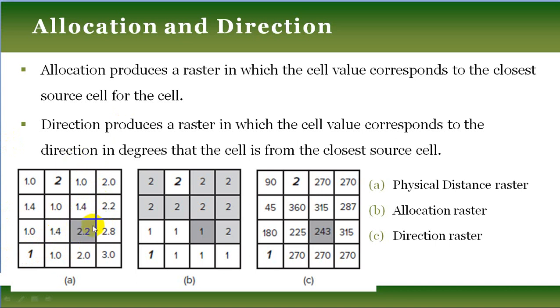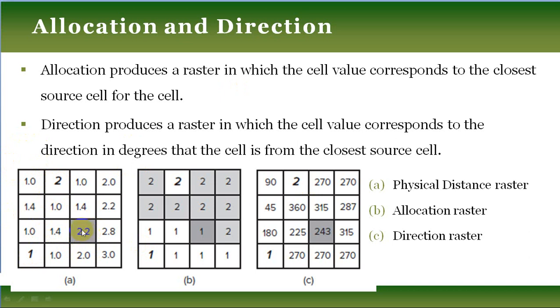Now here you will see this pixel is represented in gray color. So why is this one gray? I hope you understand. That means from this cell, the distance to source number 2 and the distance to source number 1 is the same, 2.2.